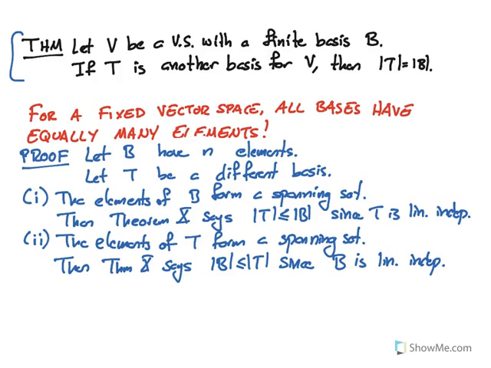So basically, if you have any vector space with one basis that has finitely many elements, then every other basis has finitely many elements, and in fact exactly as many elements. So this number n is unique to the vector space. It's not a property of a specific basis, it's a property of the vector space.